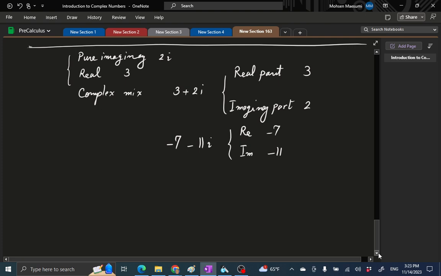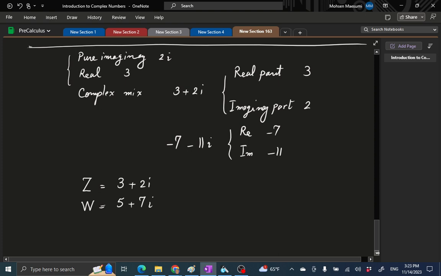Now, to designate complex numbers, they use letters like Z, T, W from the very end of the alphabet. So let's write some of these. So I say Z, and then maybe I'll have also a W, say 5 plus 7i.